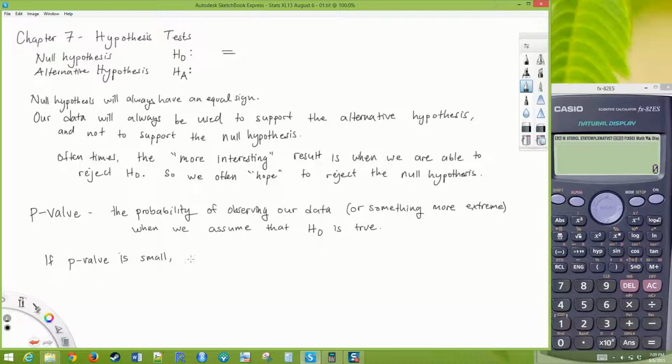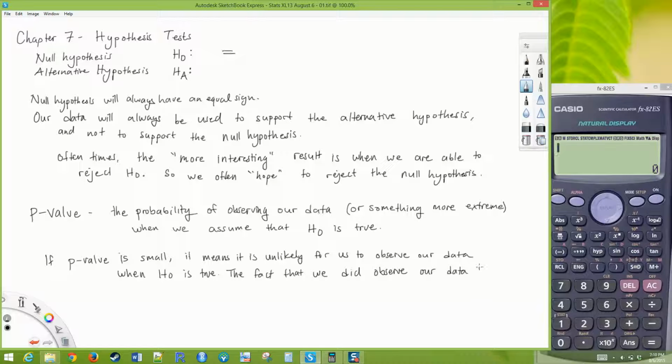So if the p-value is small, it means it is unlikely for us to observe our data when the null hypothesis is true, and the fact that we did observe our data then casts doubt on the null hypothesis.